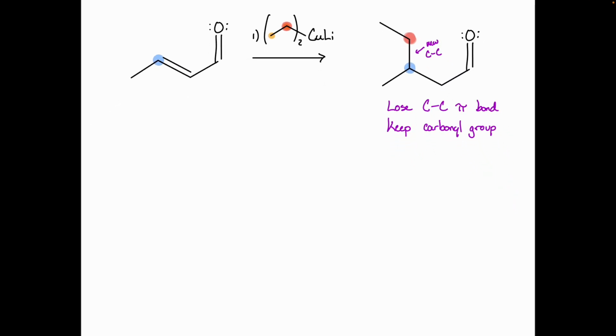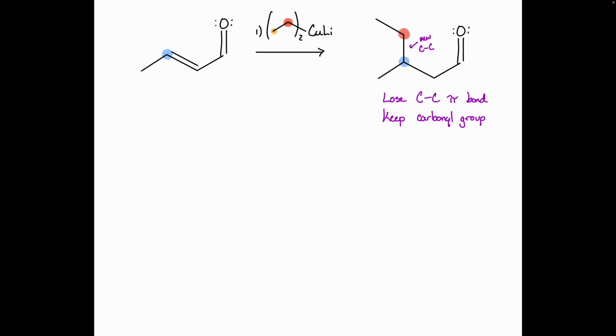All right, cool. So based on analogy of what we just did here, I'm going to put down another example, and I want you all to give me the product of this Michael reaction here. I'm going to pick a different alpha beta unsaturated ketone. I will say there's going to have to be some sort of an acidic workup at the end here.